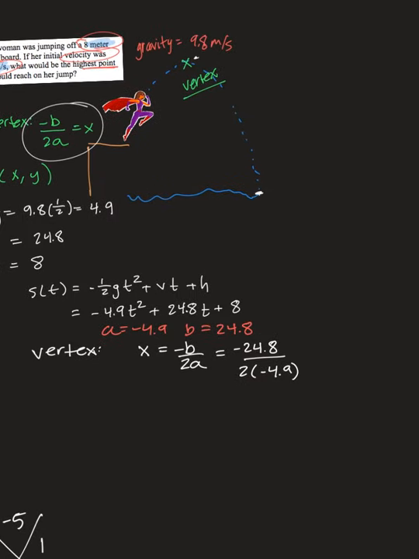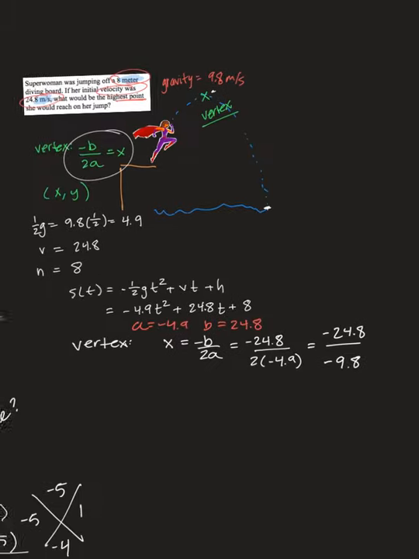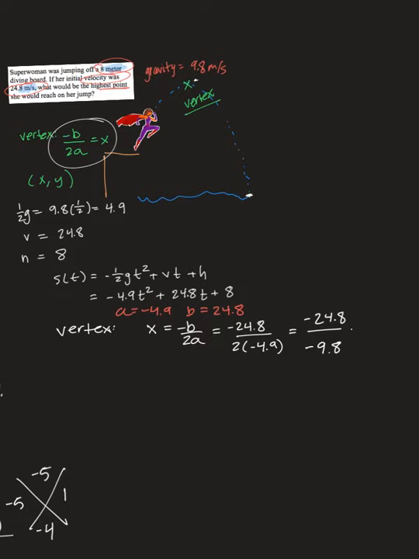When you plug this into the calculator, the bottom is going to be negative 9.8. The top is negative 24.8. And then dividing that is going to be about 2.5. But like I said, vertex is a point. We don't want to know how long it's going to take for her to get to the maximum height. We want to know what the maximum height would be.